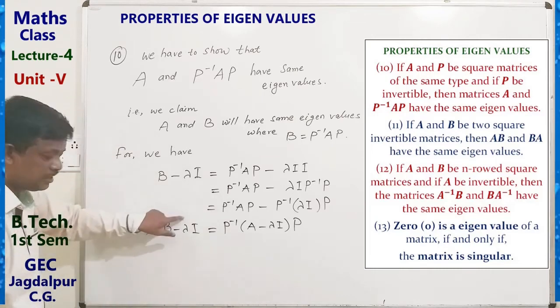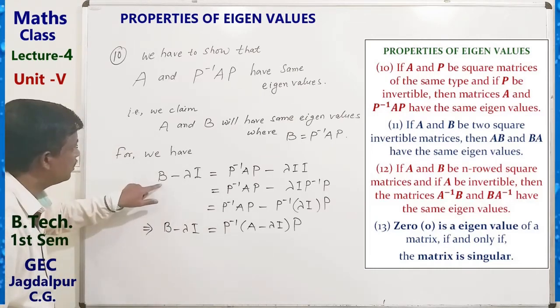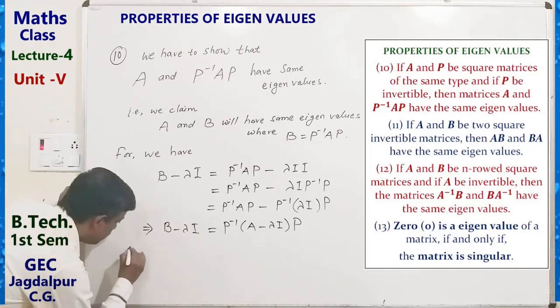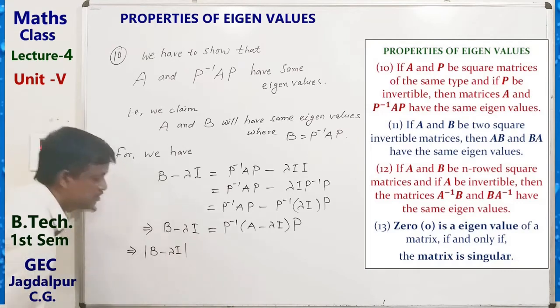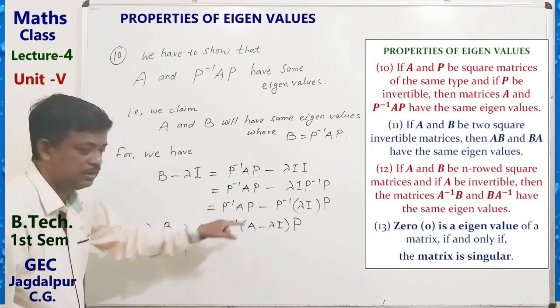Now its characteristic polynomial of B minus lambda I determinant, just take determinant on both sides, here and here.